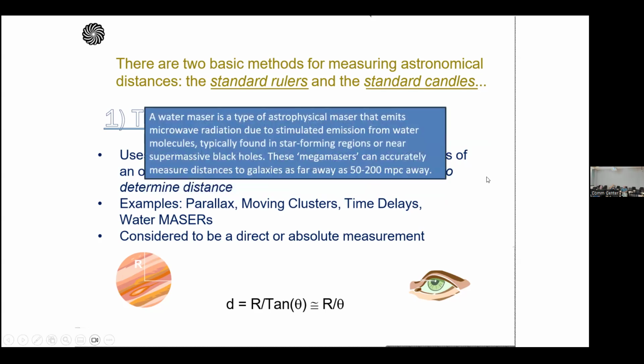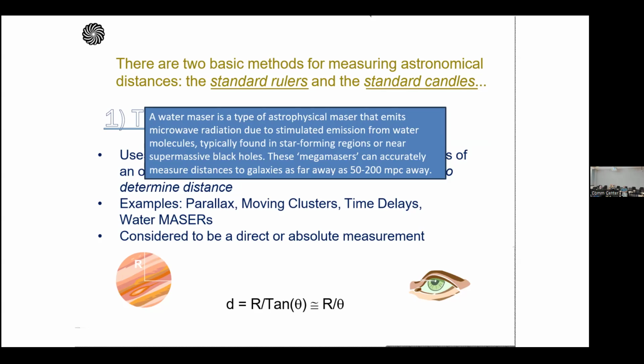then water masers are kind of fascinating. A water maser is a type of emission that gets created and excited around stars too, but for these purposes, it's created around supermassive black holes, and it's always created at a particular distance away from the supermassive black holes.